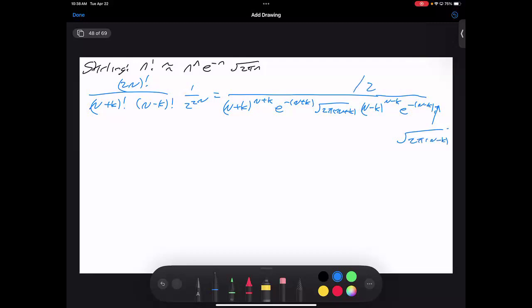All right, I'll put the 2 to the 2n in the numerator. Now I have to expand 2n factorial. That'll be 2n to the 2n, e to the negative 2n, square root of 2 pi times 2n.